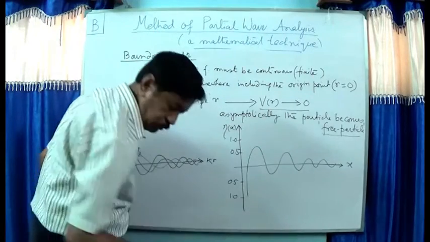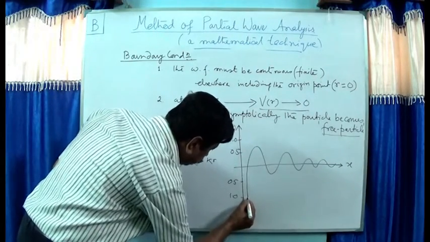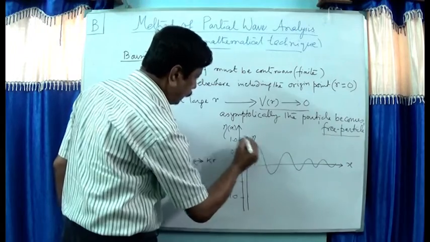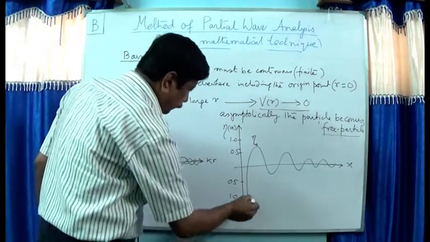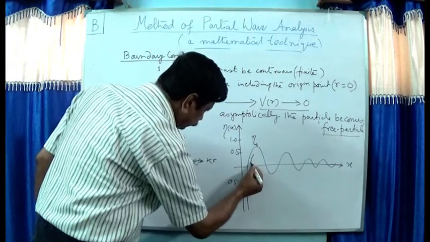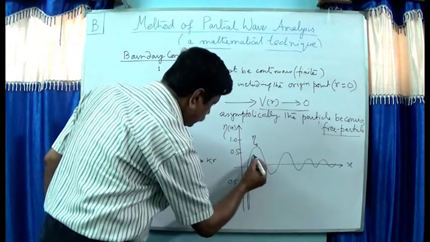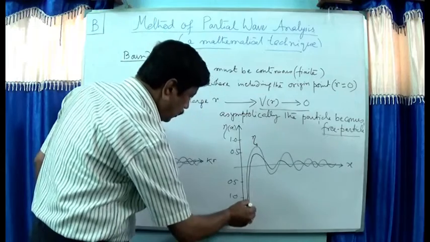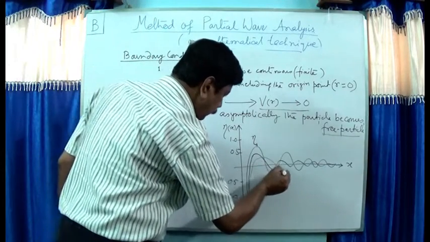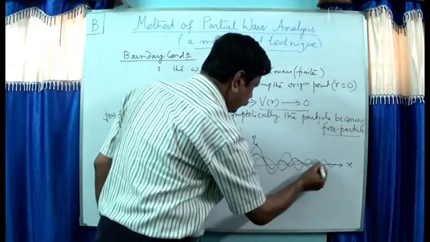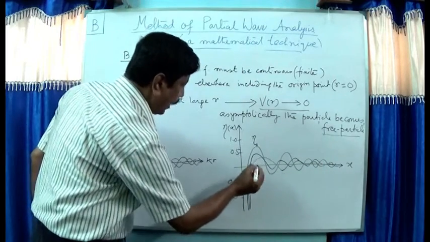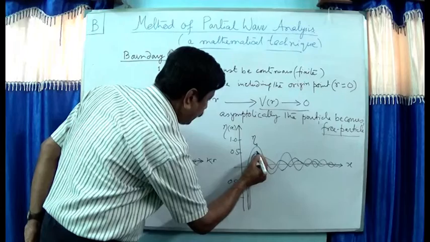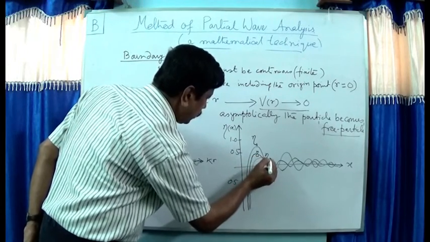If we like to draw the eta with respect to different L value, so it is eta 0, eta 1, or eta 2, this will be of this type. Roughly I have drawn it, just to give an idea about the shape. Eta 1, eta 2.